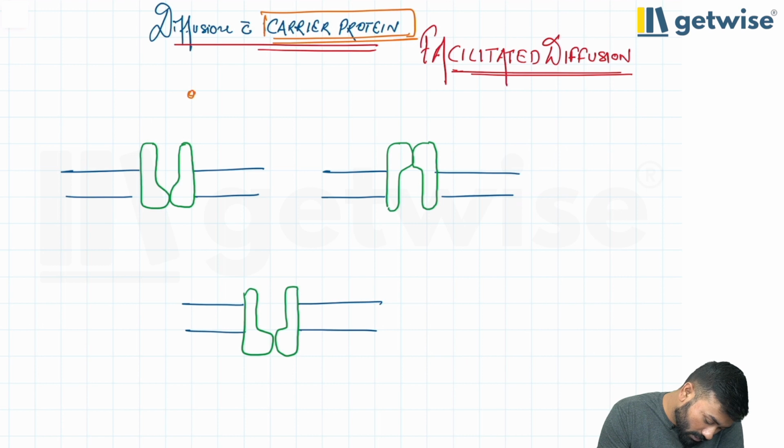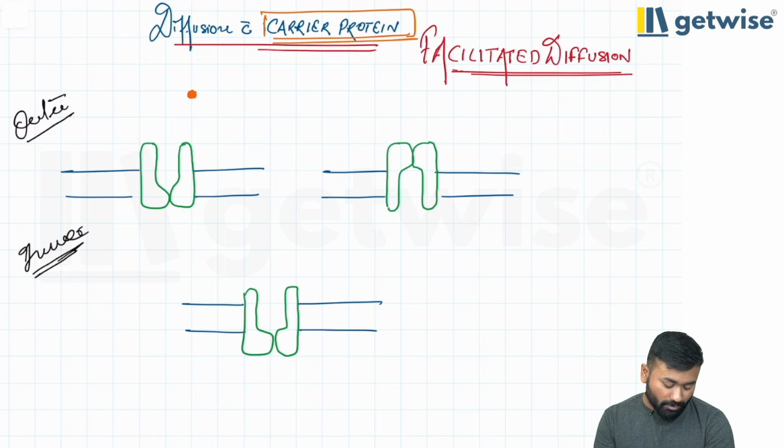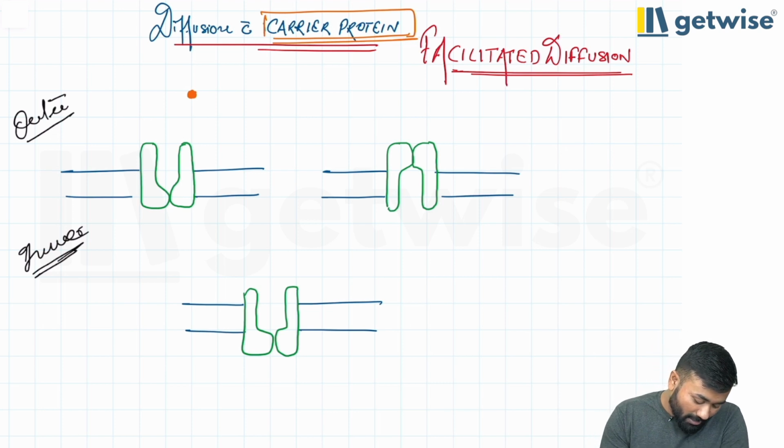Suppose this orange color molecule has to be transported from the outer side to the inner side of the cell membrane, and the green color molecule is the carrier protein. There is a receptor site here in the molecule, and this orange color molecule will come and bind to this receptor site.